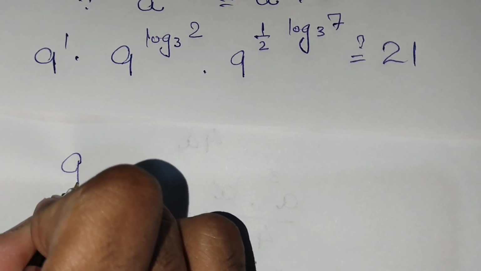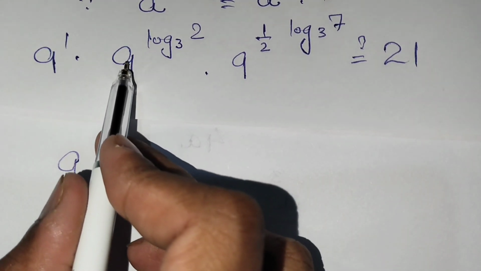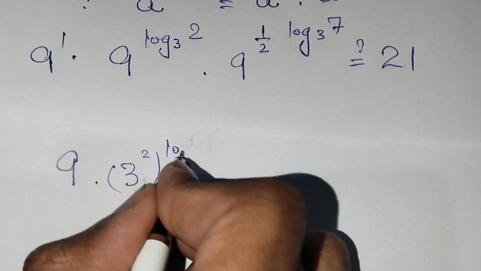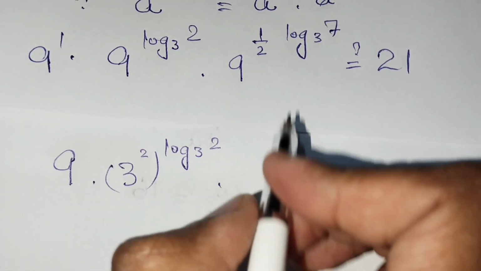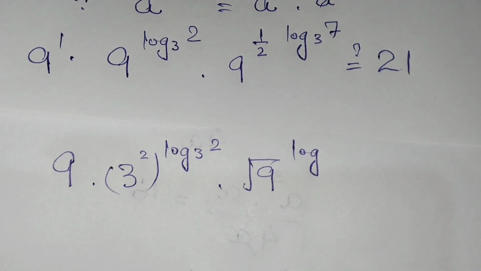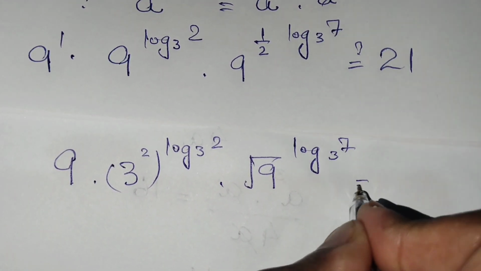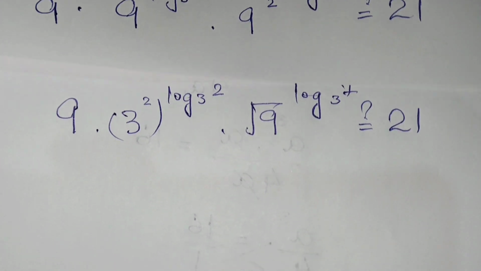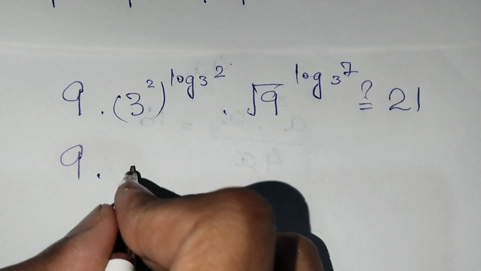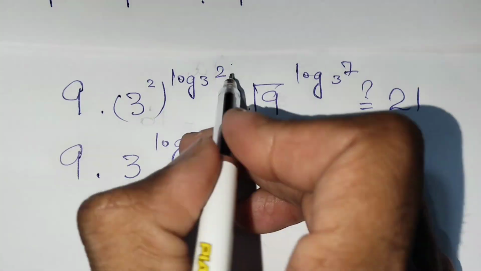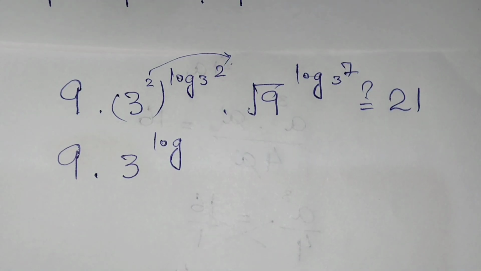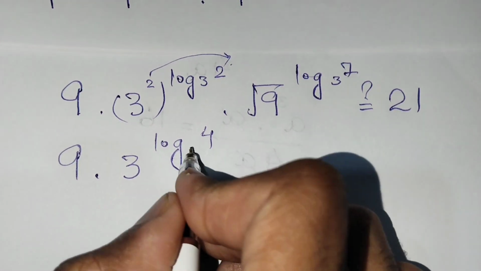9 power 1 is 9. 9 can be written as 3 square, so we get 3 square power log of 2 with the base 3 times square root of 9 power log of 7 with the base 3, over 12, equals 21. 9 times, this coefficient will become the power, so it will be 3 power log of 2 square, which is 4, the base 3.